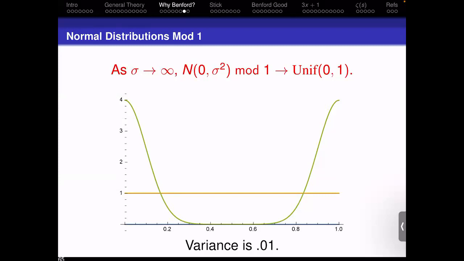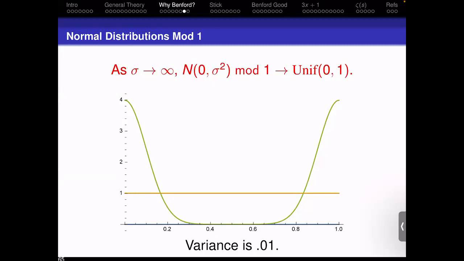And so here I'm choosing the variance to be 0.01. If the variance is 0.01, that means the standard deviation is 0.1. That means most of the mass is within plus or minus 0.1 of 0. And if you look at this plot, you can see that most of the mass is near 0, because of course anything near 1, since we're doing things mod 1, is really the same as being a small negative number just to the left of 0.